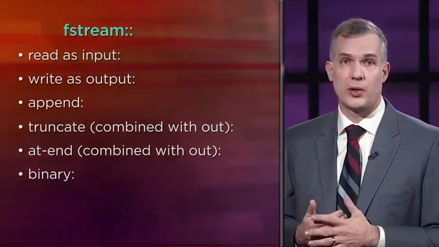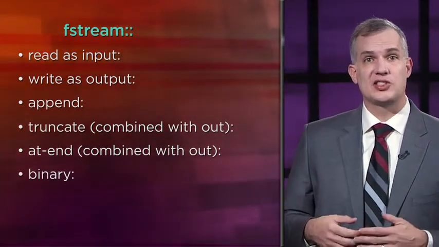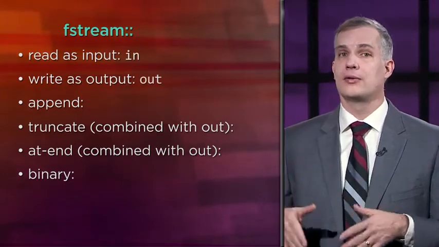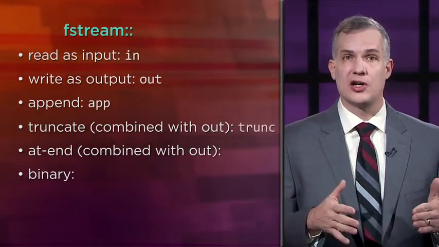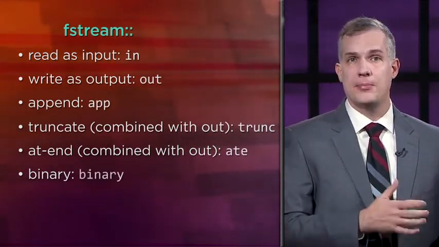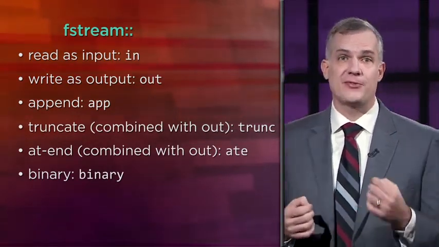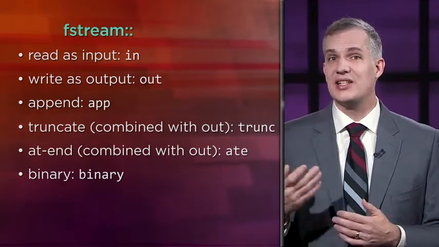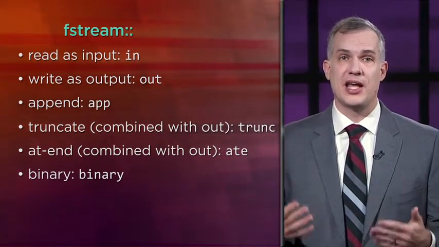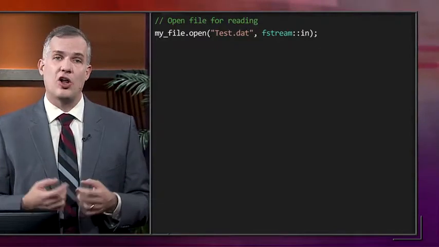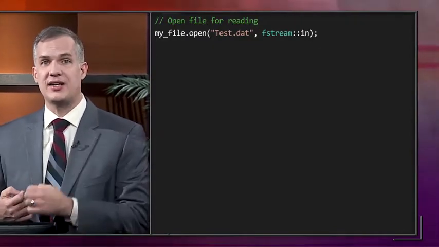And we can use more than one. The code for these are in, out, app, trunc, @e, and binary. The reason each of these options starts with fstream:: is to indicate that they're in the fstream namespace.